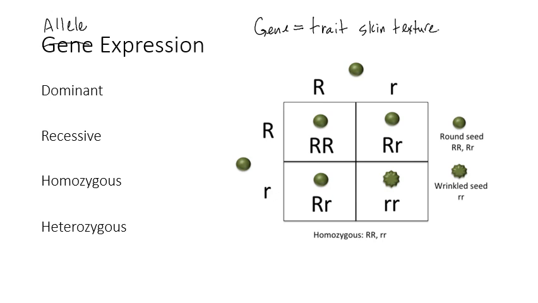In this case, we have an allele that's responsible for smooth skin texture, and another allele that's responsible for wrinkled skin texture.